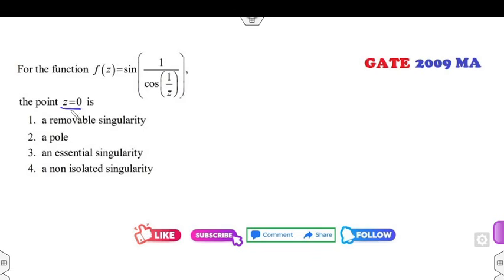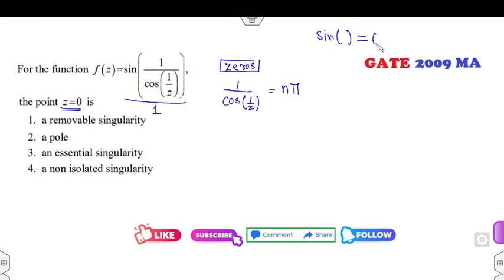For the function at z = 0, now you can see there is no denominator. The denominator is my 1. So we are talking about the zeros. So that means 1 over z, cos of it is my n pi. This is my 0. What is the zero of this sine? Sine zeros will be my n pi. So can you find the values of z as 1 over n pi?